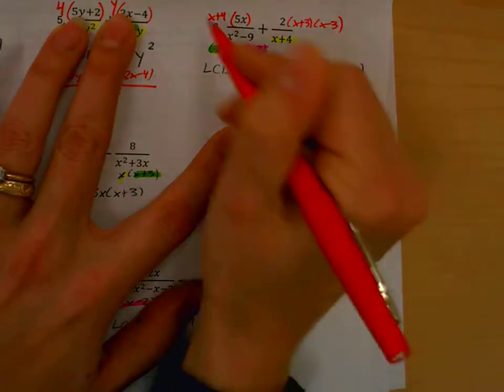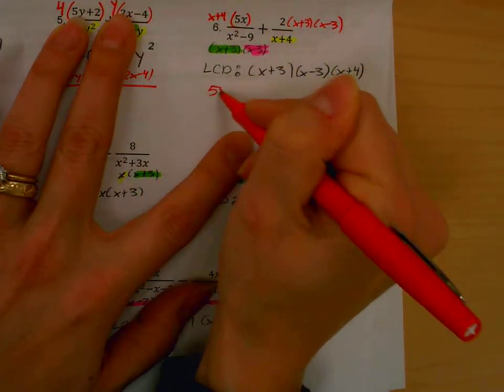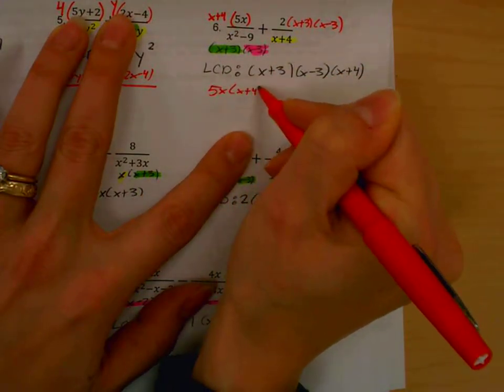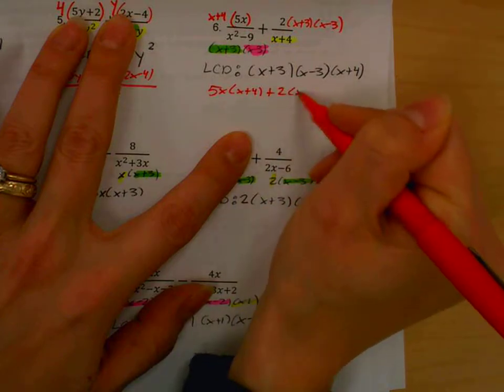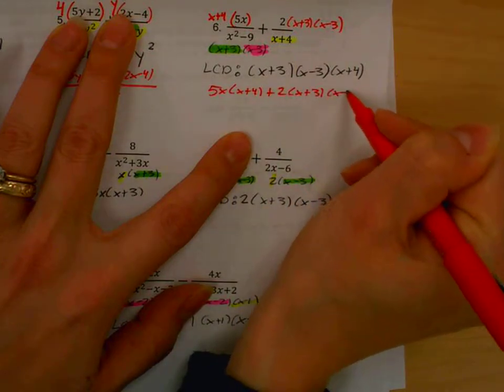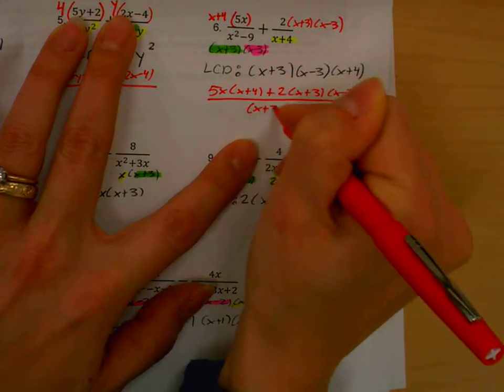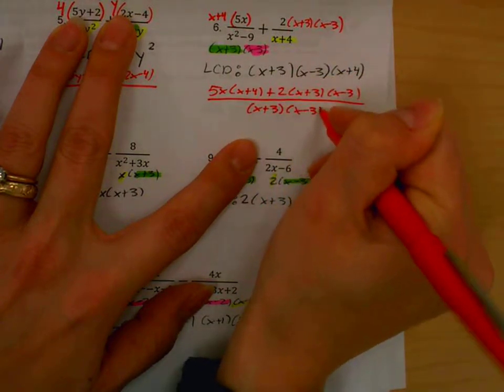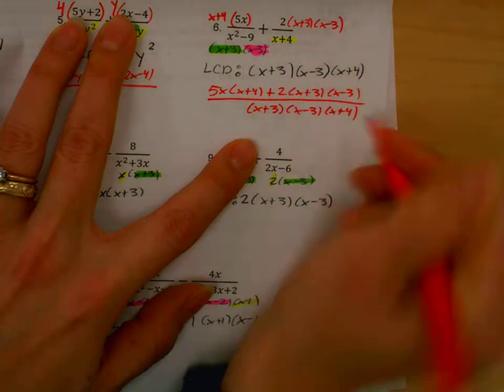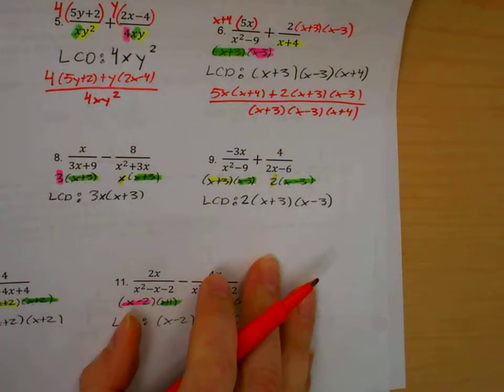So when I multiply this out, 5x(x plus 4) plus 2(x plus 3)(x minus 3), all over the common denominator of (x plus 3)(x minus 3)(x plus 4). And again, that still needs to be simplified. We'll do that in the last video.